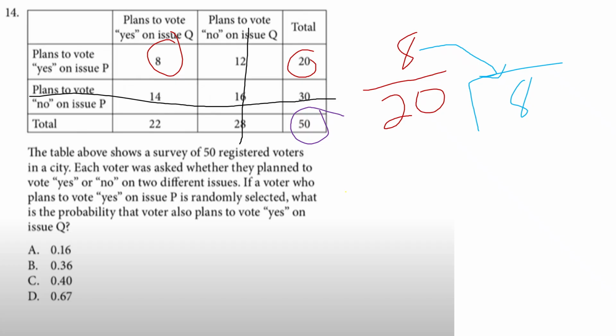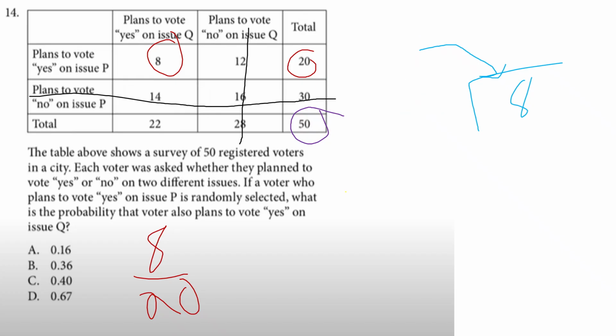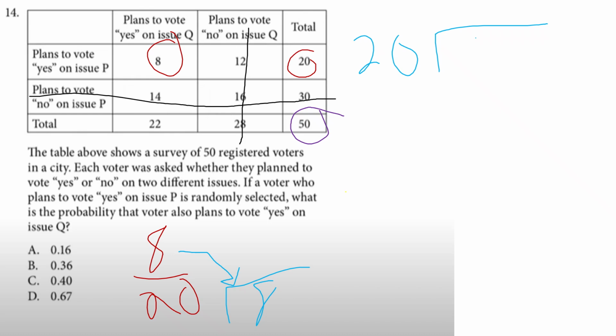I am going to erase this 8 over 20 because I need the space. Actually, I'll just move this 8 over 20 down here because I need the space up here to do the math. All right, so again, we drop that 8, boom, that's our problem. So we're going to do 20 on the outside, 8 on the inside.